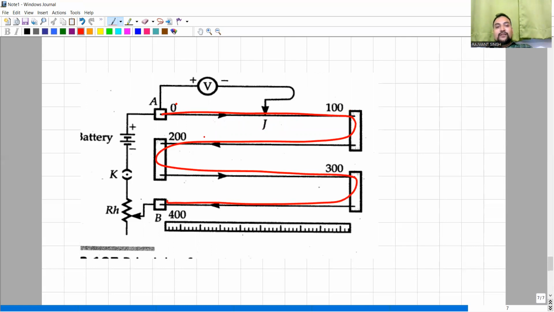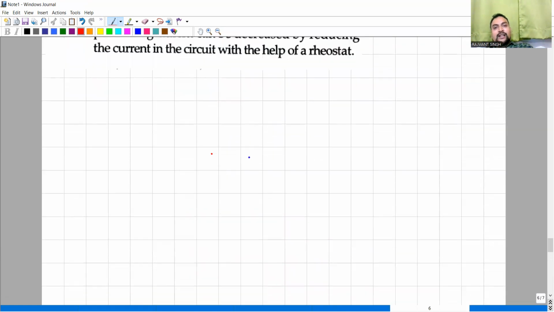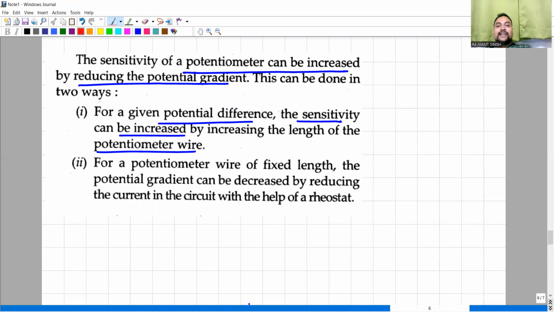The purpose of having 400 centimeter of length is actually to improve the sensitivity. If we increase the potentiometer wire length, it will become far more sensitive, because the potential gradient will decrease. The potential gradient is V by L, so if you increase this value, this value will decrease and the sensitivity will increase.